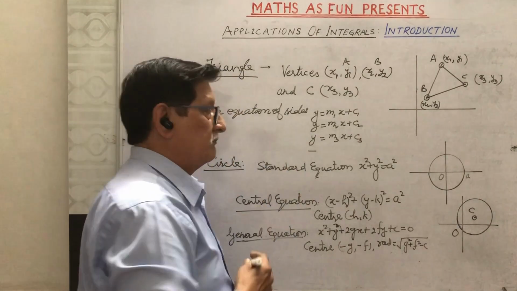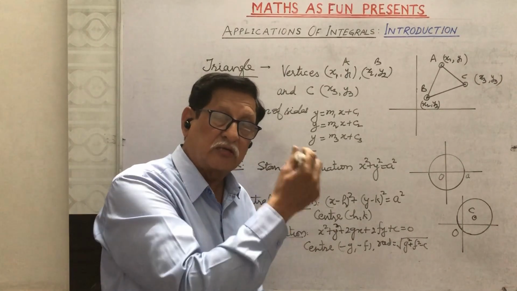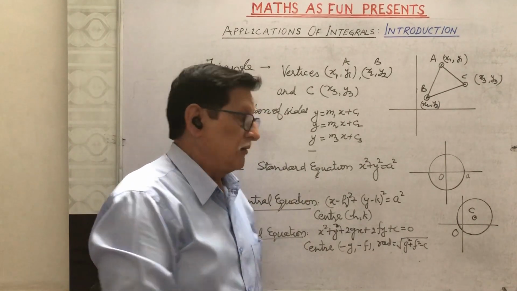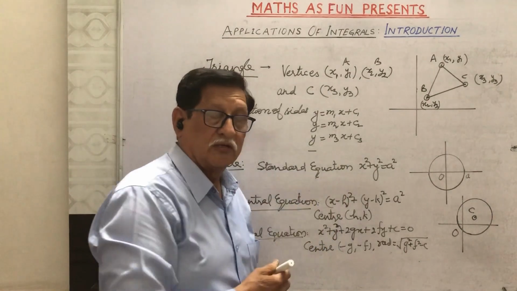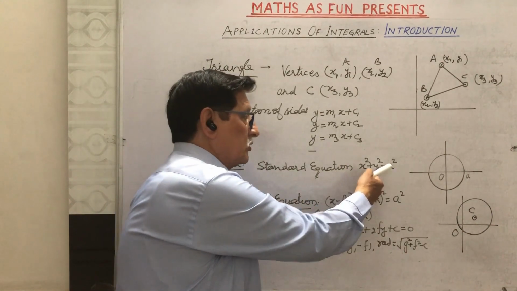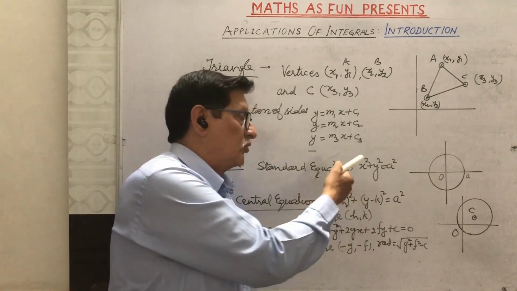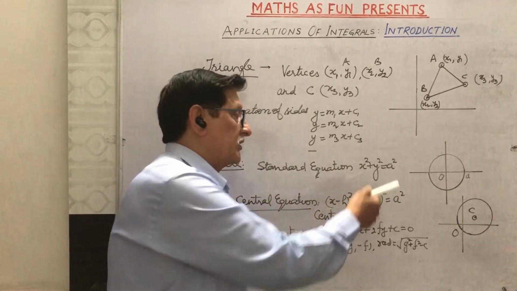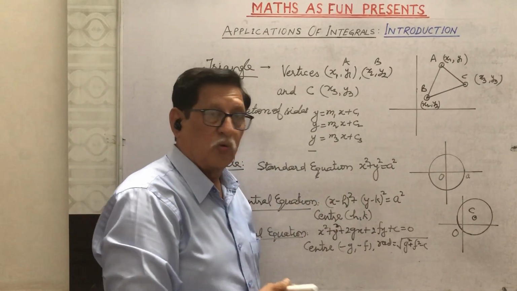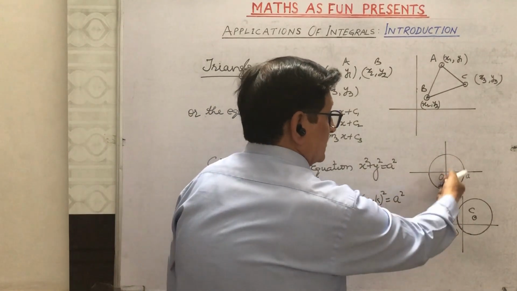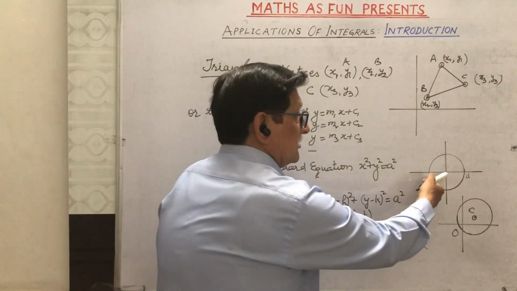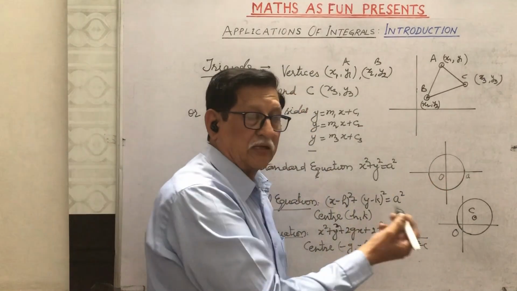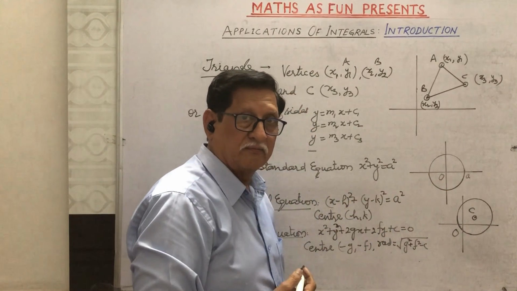Next is circle. In case of circle, we know there are three types of equations. Maybe the standard equation, that is x square plus y square equal to a square, and we know in this case the center lies at the origin, and the radius is a. We can easily draw the circle taking origin as the center and the radius as a.